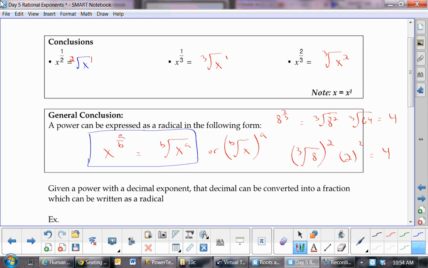Yeah? Ah, okay, very good. 1 divided by 2. Yeah, so if you had 1 divided by 2, that's the same thing as 1 divided by 2. That's what you're saying? Okay.